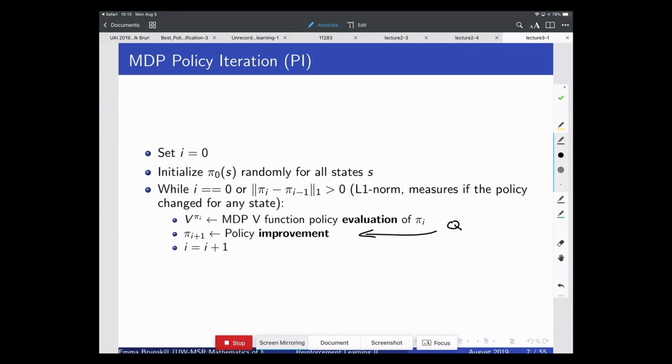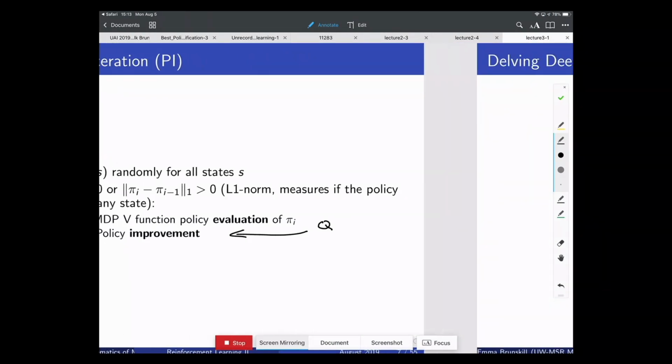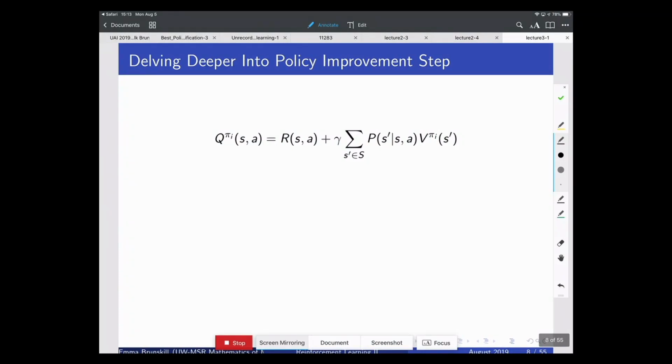Now, I want to highlight that there's something a little bit subtle going on when we do this step. So let's look at what we're doing in this case. Q pi_i is, again, the immediate reward of taking action A plus the discounted sum of following pi_i from then onwards.